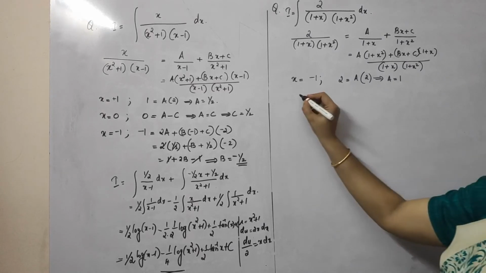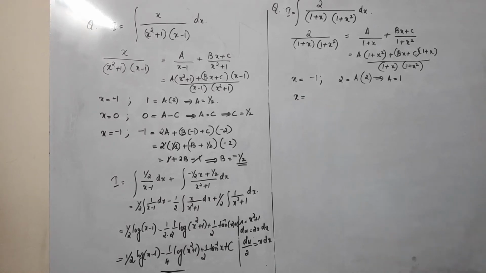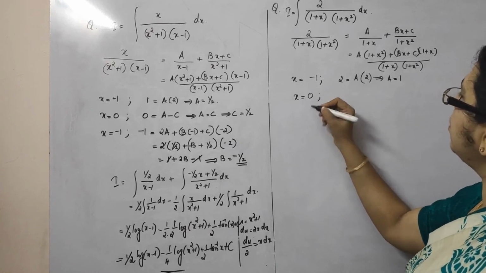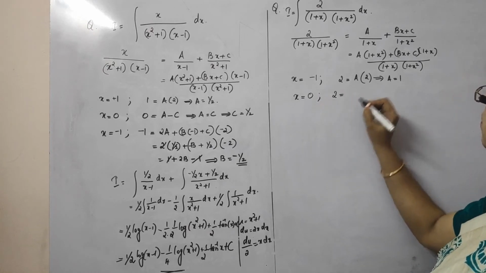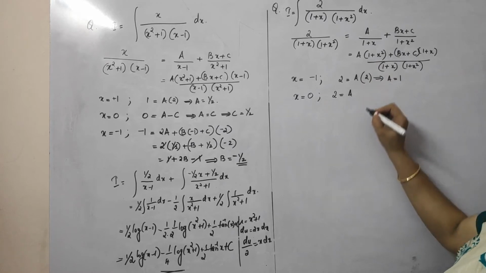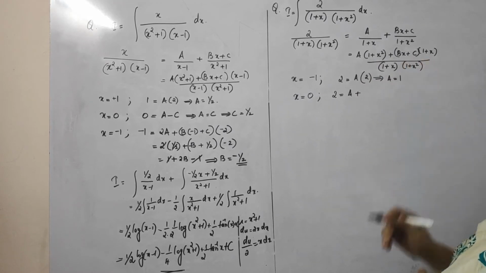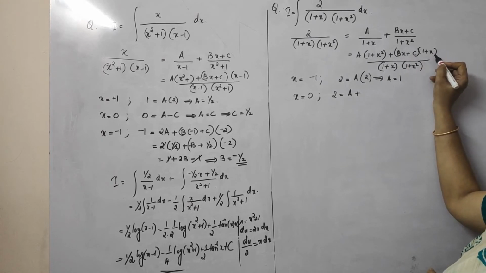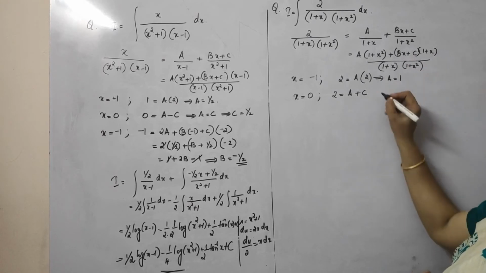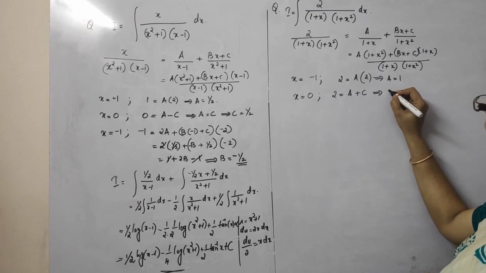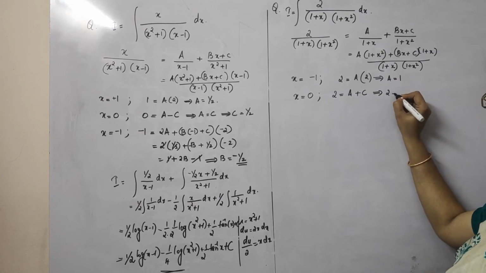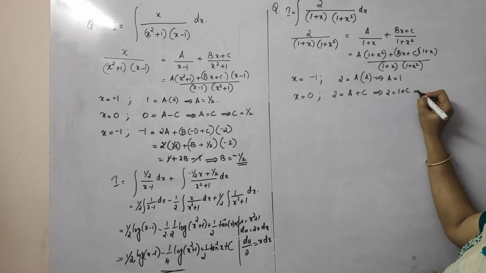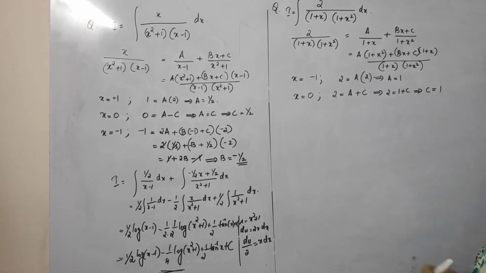Now I am going to substitute x is equal to 0. When I substitute x is equal to 0, 2 is equal to a plus b into 0 which is 0, plus c into 1 plus 0, that is plus c. What is the value of a? 1. So 2 is equal to 1 plus c. This implies c is equal to 1 again.